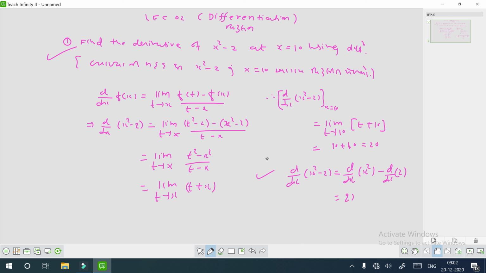That comes out 2x minus derivative of constant term is 0, so 0. So that comes out 2x, but we want d by dx of x square minus 2 at x is equal to 10, implies 2 into 10, that is also 20. In this way we can solve it.